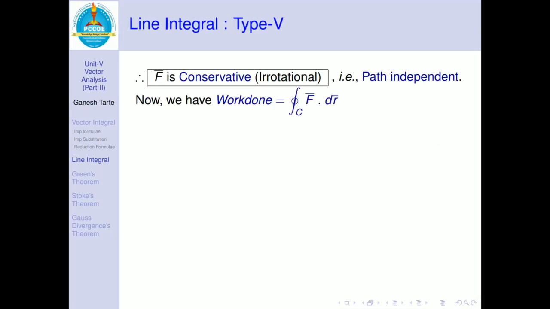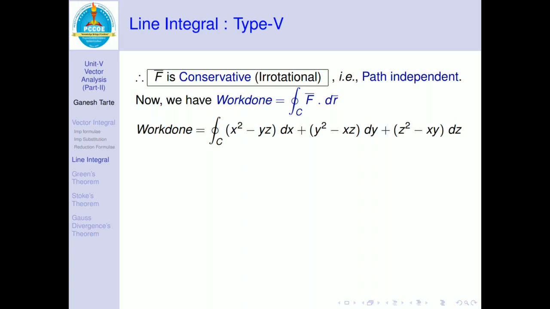We start with the definition of work done, the integral over C of F bar dot dr bar. We substitute all the values: F bar dot dr bar, so it is the first bracket into dx, second into dy, third into dz. Now directly evaluate this integral.